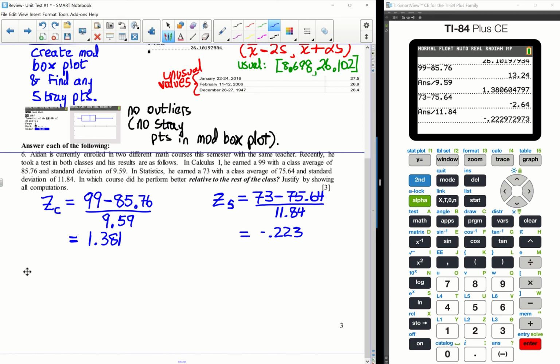All right, so then just a final statement, just kind of tying these numbers together and saying this is what they mean.